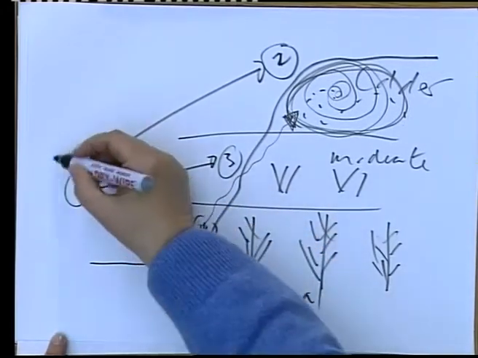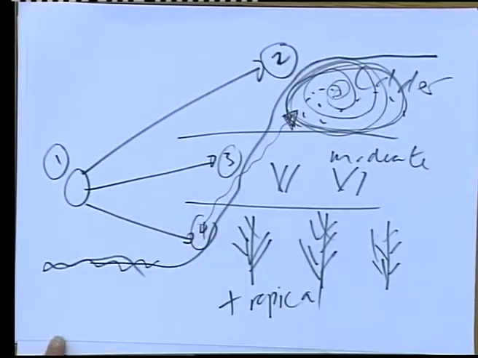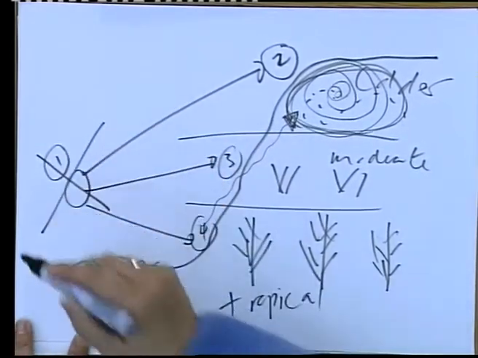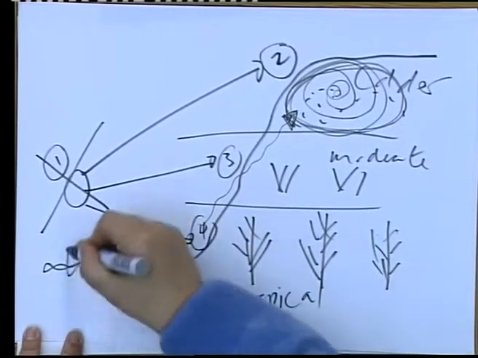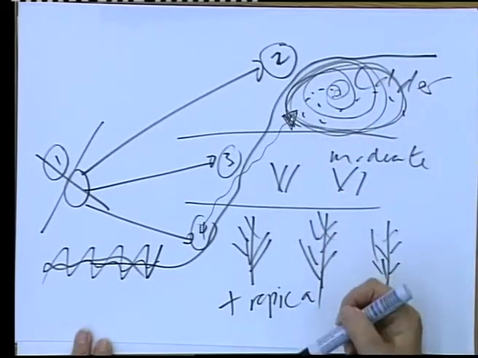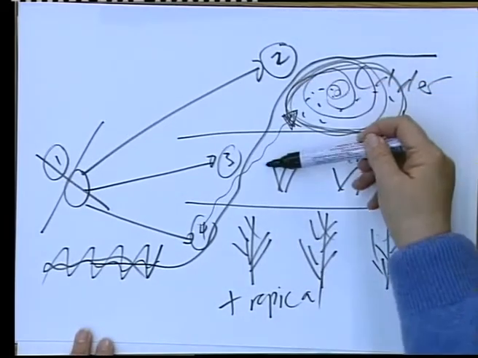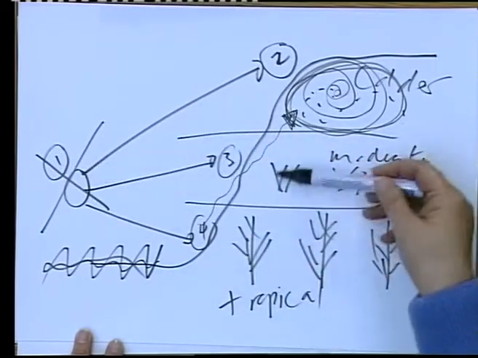Now what is important, number 1 may still exist. Number 1 may live here, or number 1 may disappear altogether if conditions are not suitable here, but you will still have 2, 3, and 4. And all of 2, 3, and 4 will be incompatible with 1 and with each other.